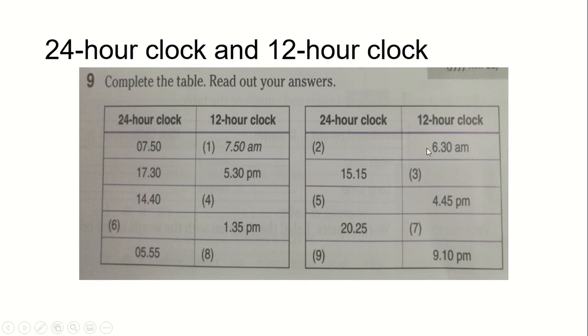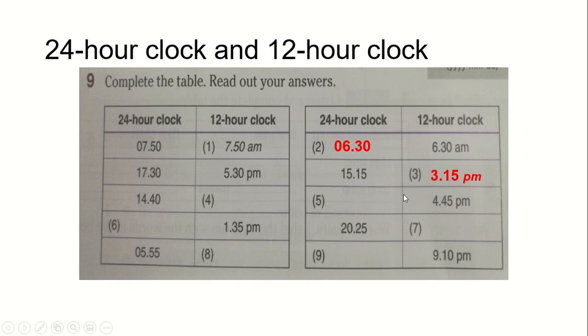Okay, we'll start from here. So it's 6:30 a.m. It's before 12 p.m., so we don't add anything. So it remains 6:30. All we need to do is delete AM. Okay, here we take out 12, so it becomes 3:15, and we add PM.